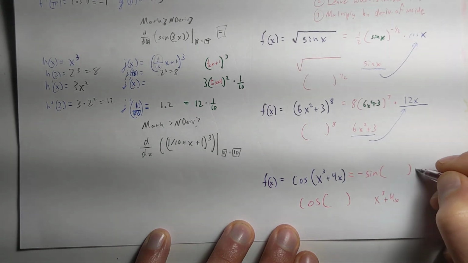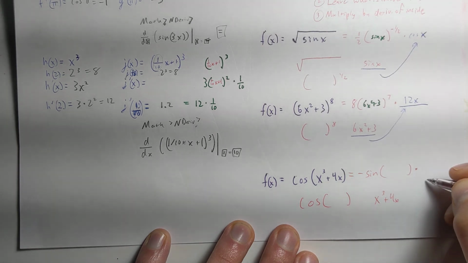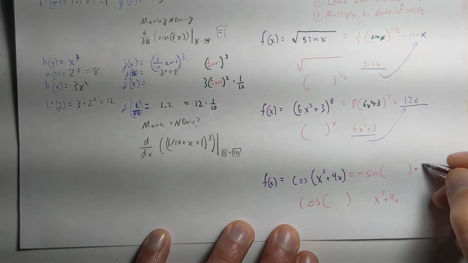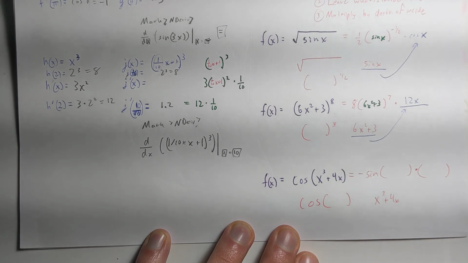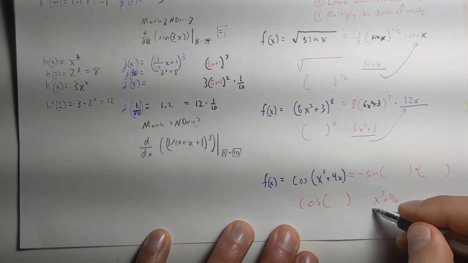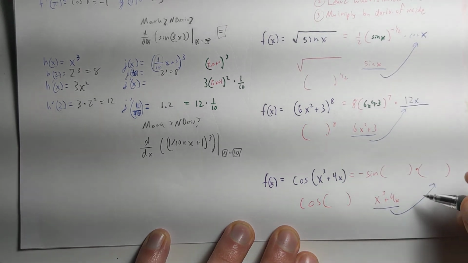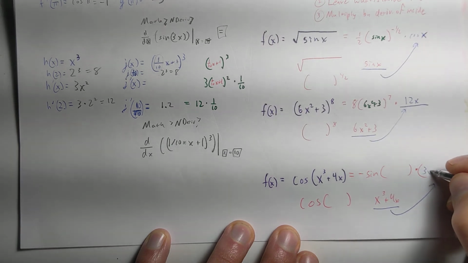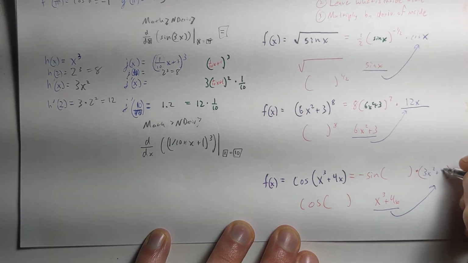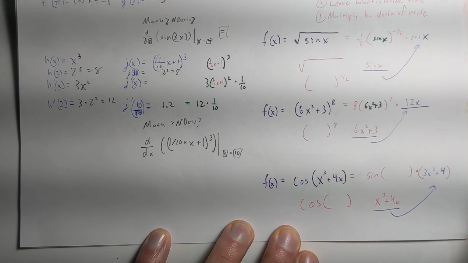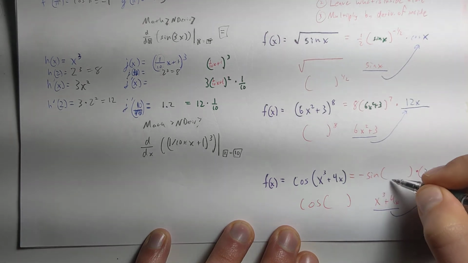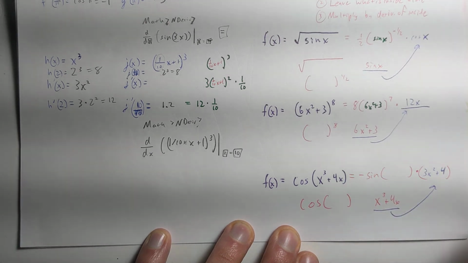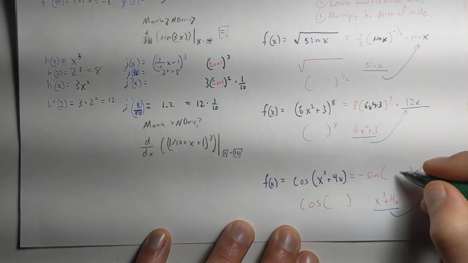And then I'm going to multiply that by the derivative of the inside function. The derivative of the inside function right here is going to be 3x squared plus 4. But I leave the inside alone when I'm deriving the outside function.